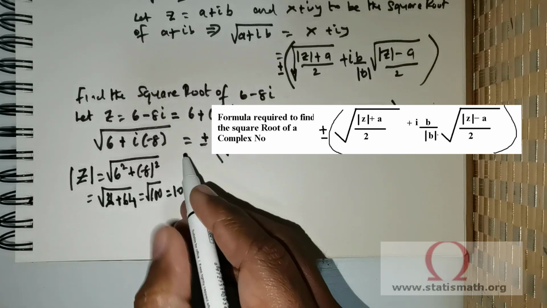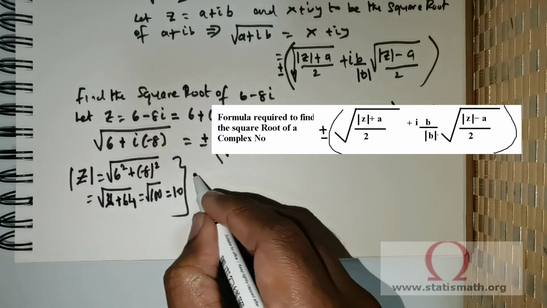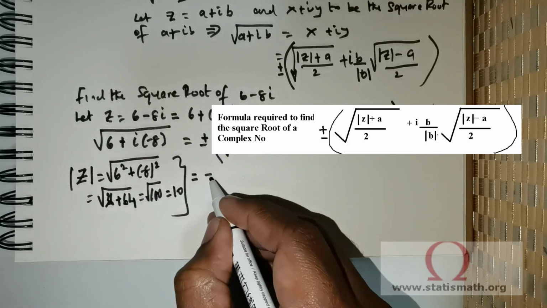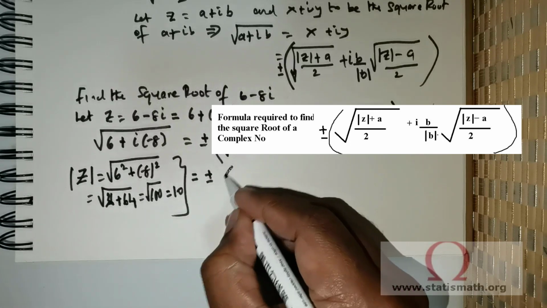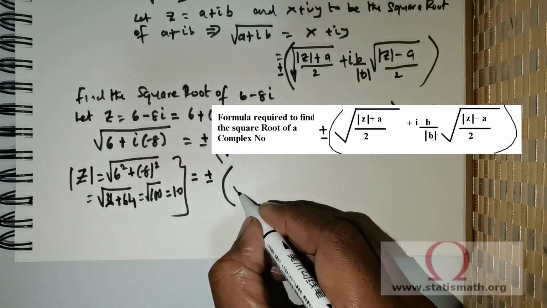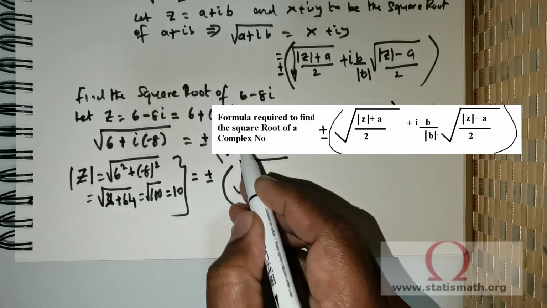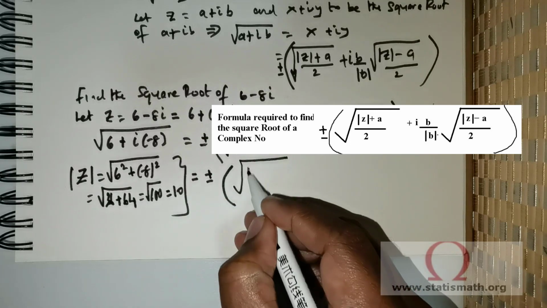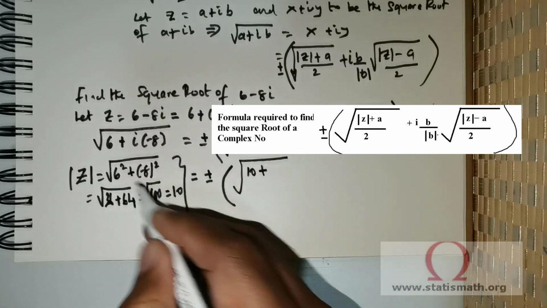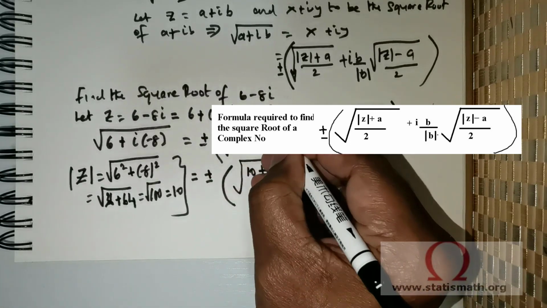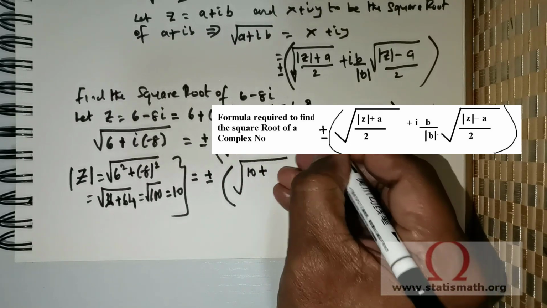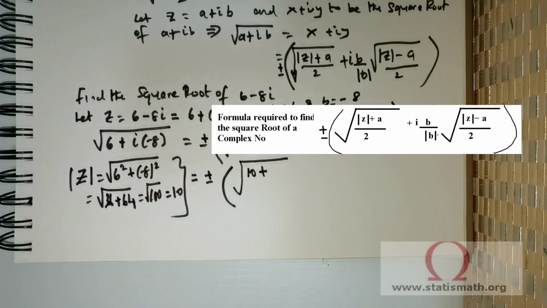So we have got that. So this can be rewritten as plus or minus, open the parenthesis, square root of (modulus of z is 10 plus a. Here a is equal to 6 and b is equal to −8.